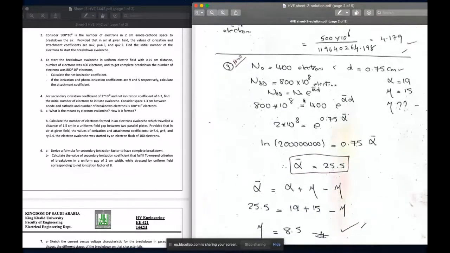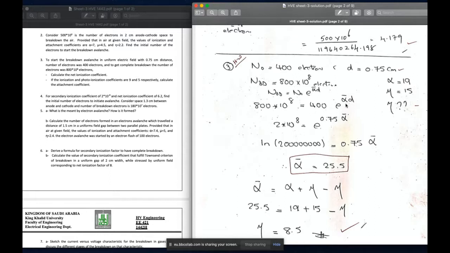So we know the relation. To calculate the net ionization, first of all, I have to calculate alpha bar. The breakdown electrons are 800 into 10 power 8, and the initial number of electrons is 400.